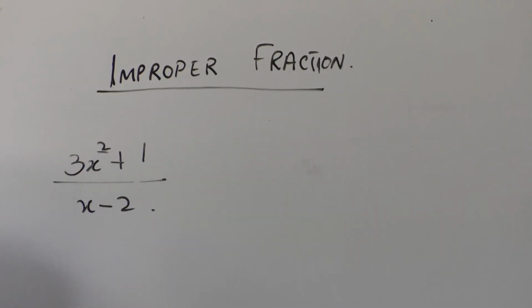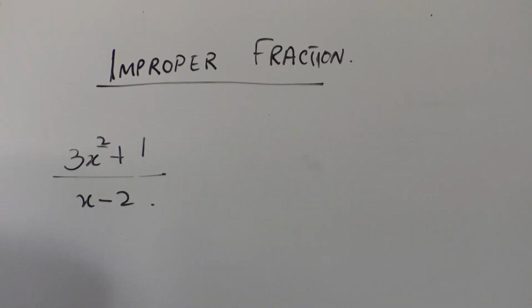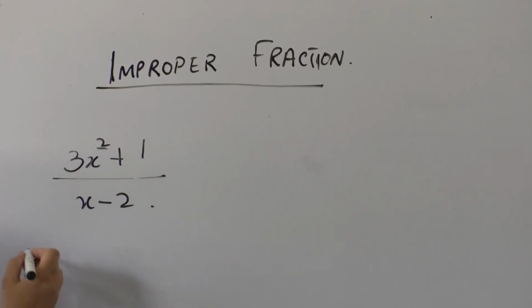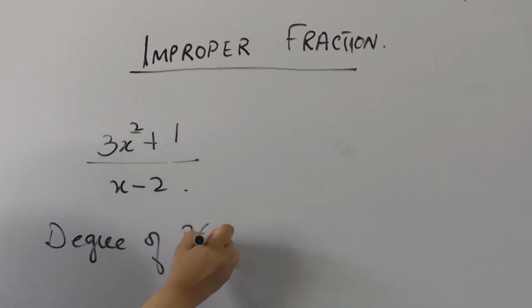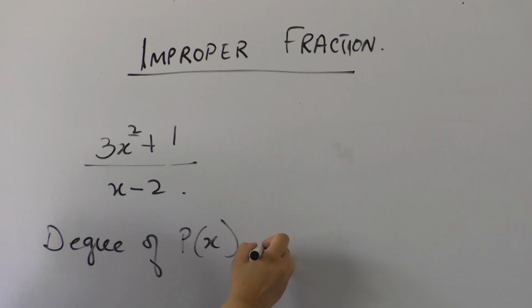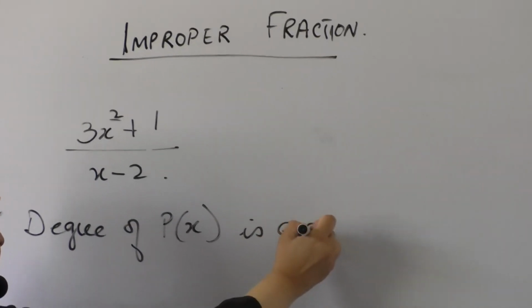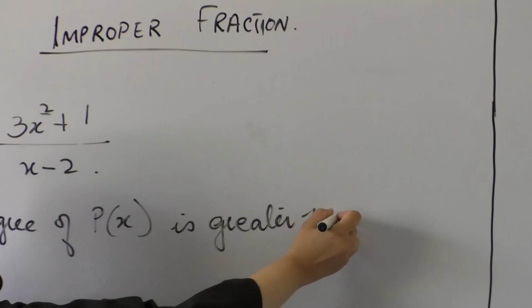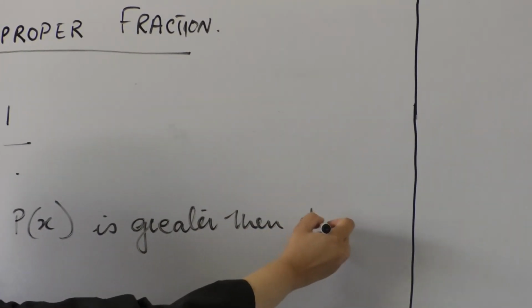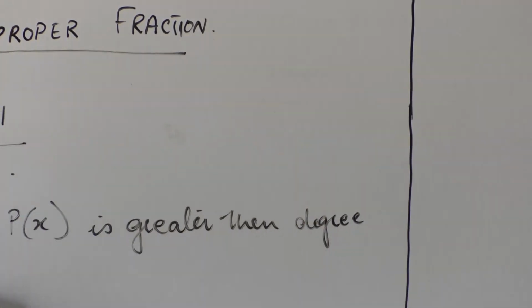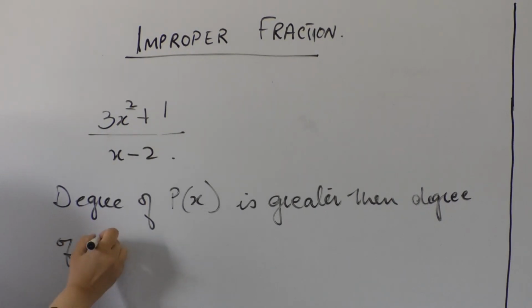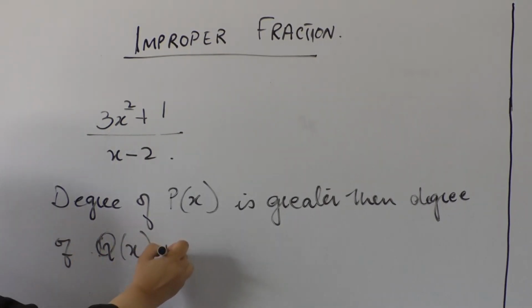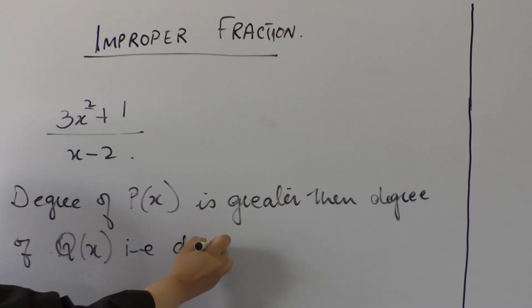It is 2, whereas power of x in denominator is 1, as the degree of numerator is greater than degree of q of x, that is denominator.